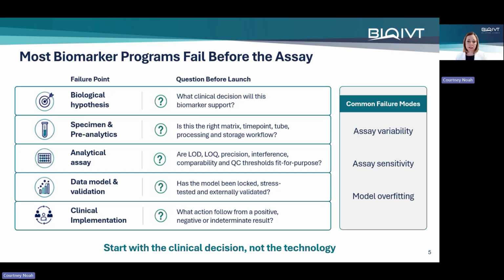Then we can move into analytical validation, evaluating parameters such as sensitivity, precision, reproducibility, interference, and developing quality control metrics around that. So only after these foundations are established should we start to focus more on the predictive modeling and the validation.